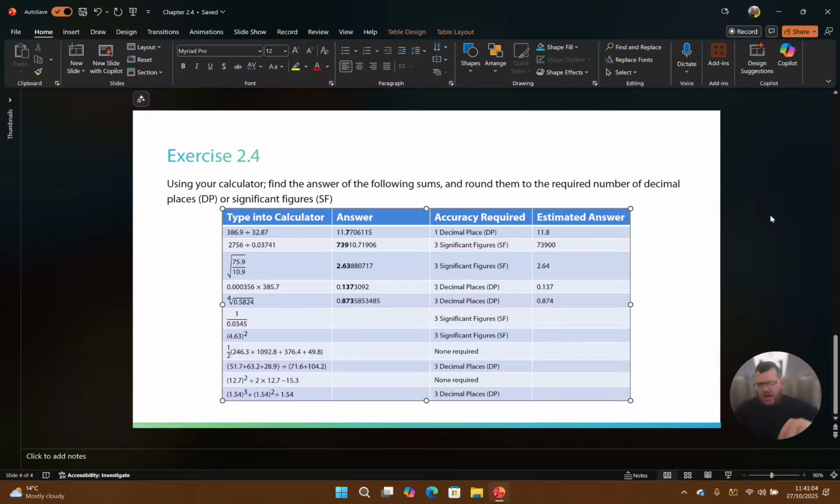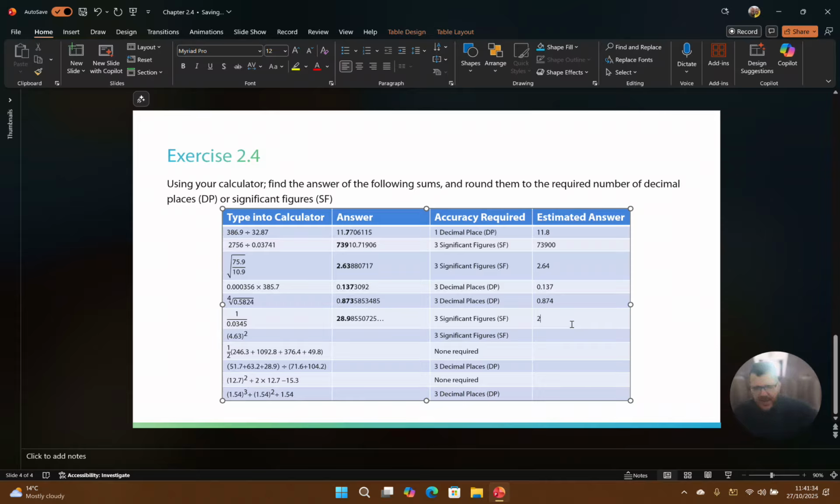So we'll then just do 28.98, and then I'll just put 3 dots after that, so then you know that it's going to be recurring. And then we're looking for 3 significant figures in this as well.